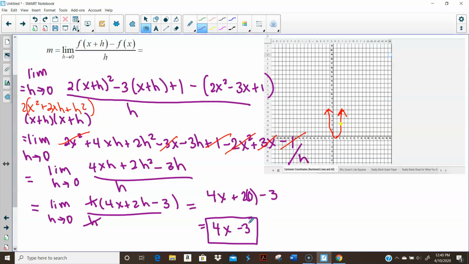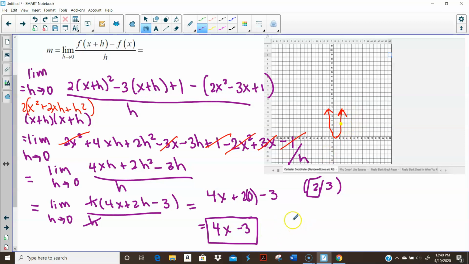Now, if I want to know the slope of this tangent line at exactly the point (2, 3), then I am going to take 2, which is the x value, and plug it in for x, and that's going to give me the exact slope at this point right here, or the exact rate of change at that point.